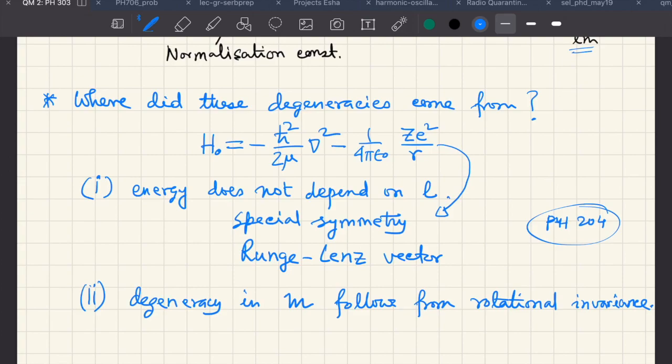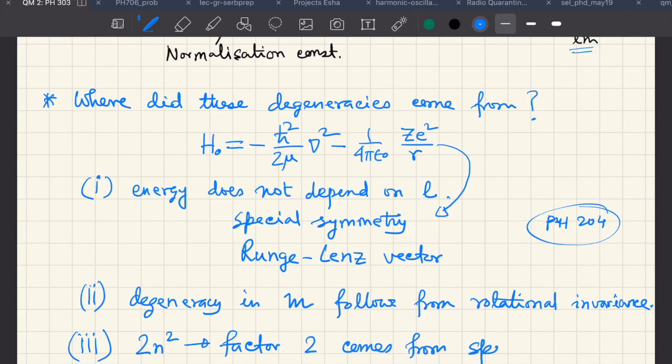But then we also have seen there is an overall factor of 2 in the 2n squared degeneracy, which of course came from the spin S. So the factor 2 comes from considering the spin. The degeneracy must therefore follow from the conservation of spin.